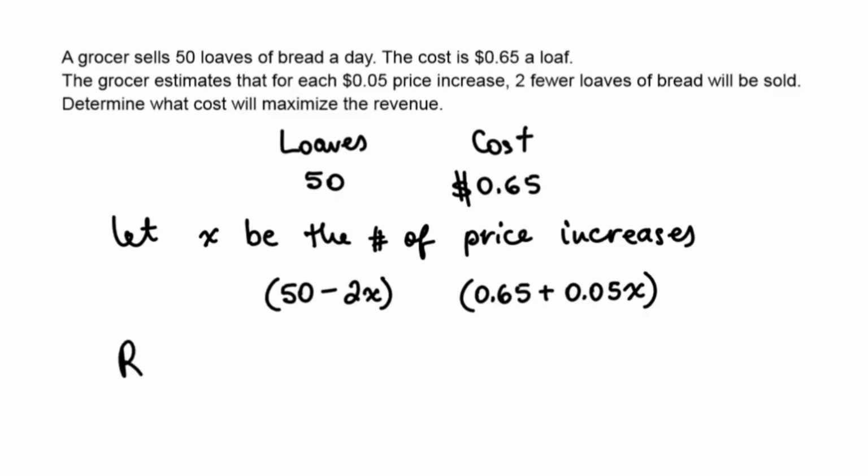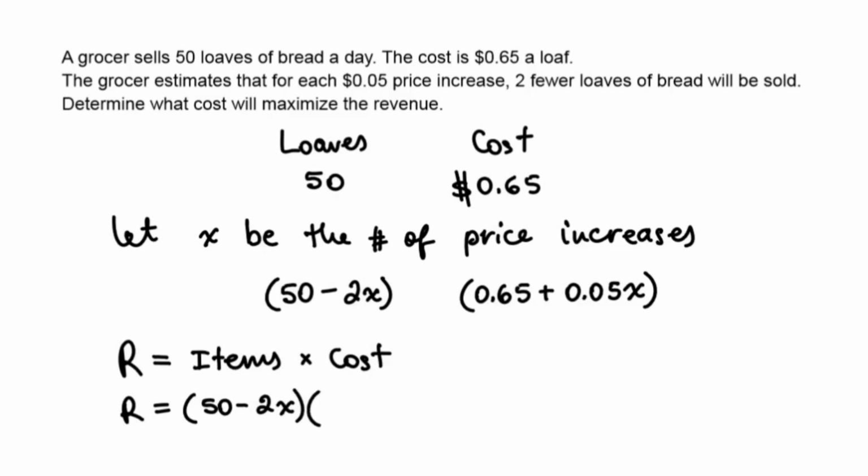We want to find the best revenue. We want to find the maximum revenue, and we want to find the cost that maximizes the revenue. Revenue is items times cost. So then R in our case, items here are loaves, so 50 minus 2x, times the cost 0.65 plus 0.05x.